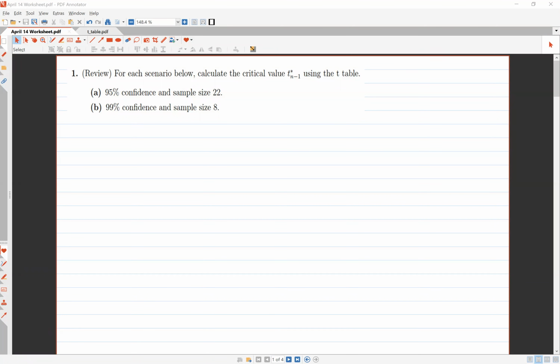So we are wrapping up chapter 14 today, essentially. And chapter 14 deals with trying to learn about the population mean or the population average from sample information that we have.